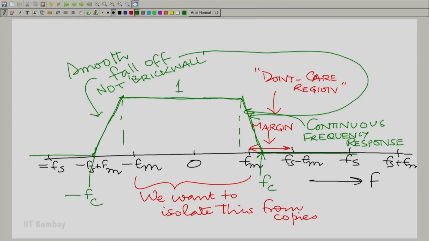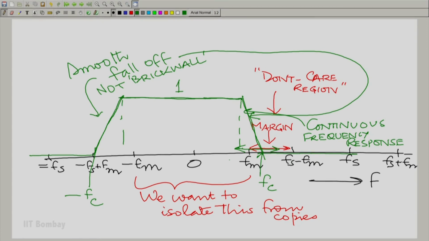How large can the margin be? Well, the margin can be as large as the region between Fm and Fs minus Fm allows. Let us look at the margin here. This is the margin here. Now, remember, you are guaranteed that Fc can at least go to Fs by 2. Fs by 2 is in the middle here, exactly in between these.